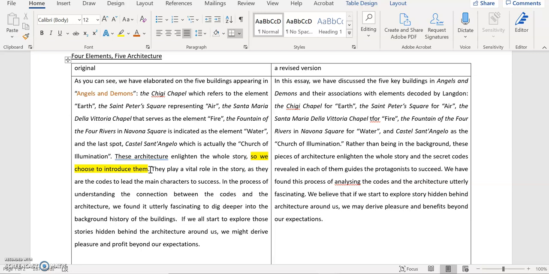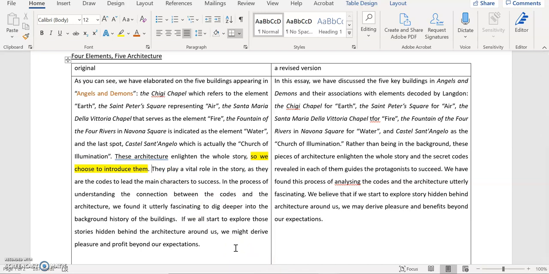What you probably can say is something like, in this essay we introduce these pieces of architecture because they enlighten the whole story. Okay. Then you say they play a vital role in the story. So they refers back to these buildings.